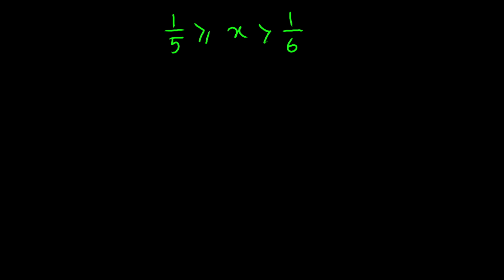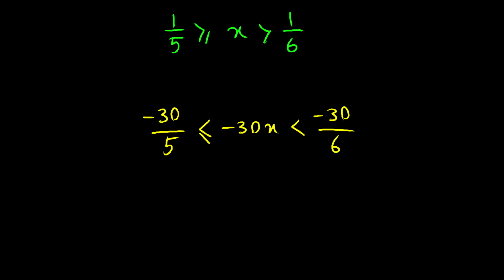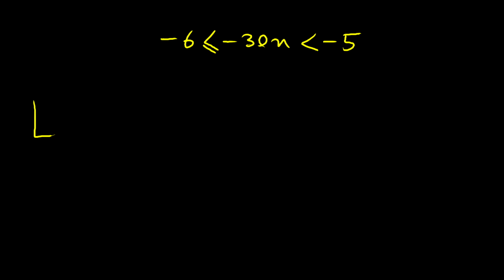But notice that in inequalities, multiplying or dividing by negative numbers will change the direction of the inequality signs, which means that if I multiply everything by negative 30, I'm going to have negative 30 divided by 5 is less than or equal to negative 30x, and this is less than negative 30 over 6, which means that negative 30x lies between negative 6 and negative 5. And this is great because now we know where negative 30x lies. And from that, we are able to evaluate the floor of negative 30x.